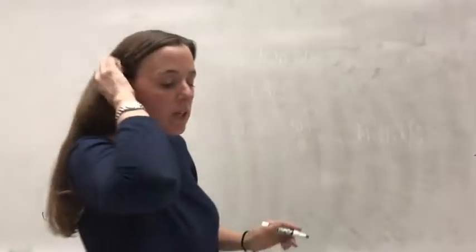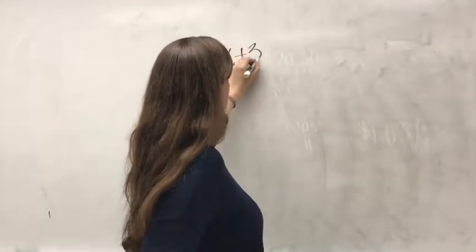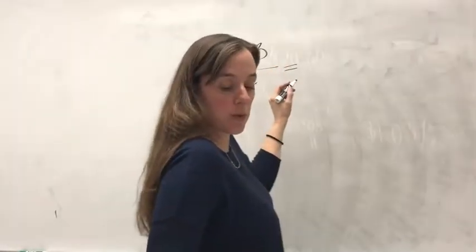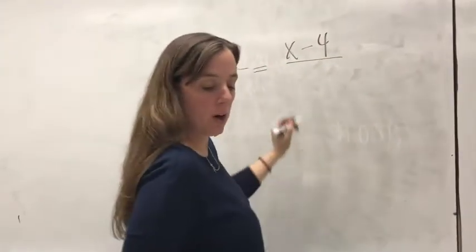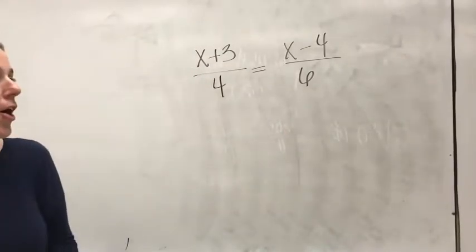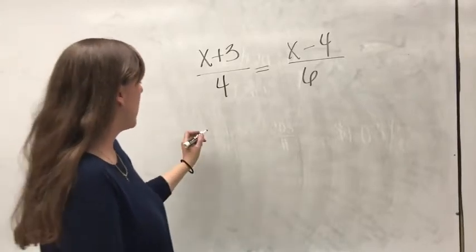Next, we're going to do a multi-step proportion, and let's say we have x plus 3 over 4 equals x minus 4 over 6, okay? And all we're going to do here is use our cross products, okay?